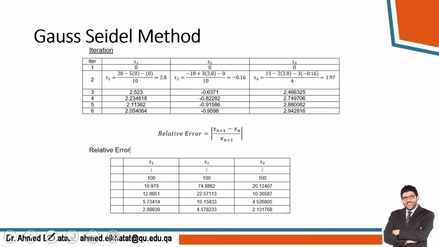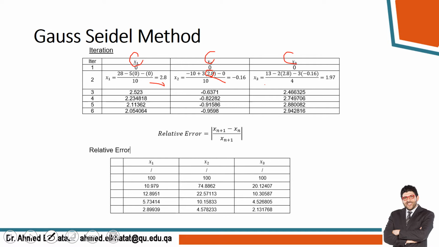So here we can make a table with x1, x2, and x3. First we solve x1 based on x2 and x3. Since all are 0, we put them as 0 to find x1. Now this x1 becomes the most recent value, so x2 needs x1 and x3, so we put x1 here and put x3 as 0. Then x3 needs x1 and x2.